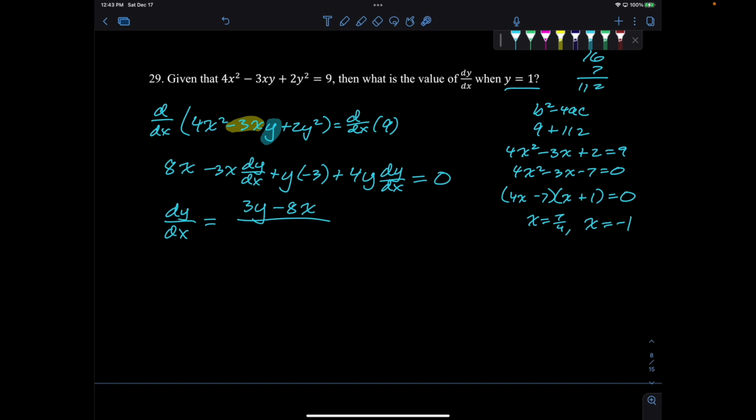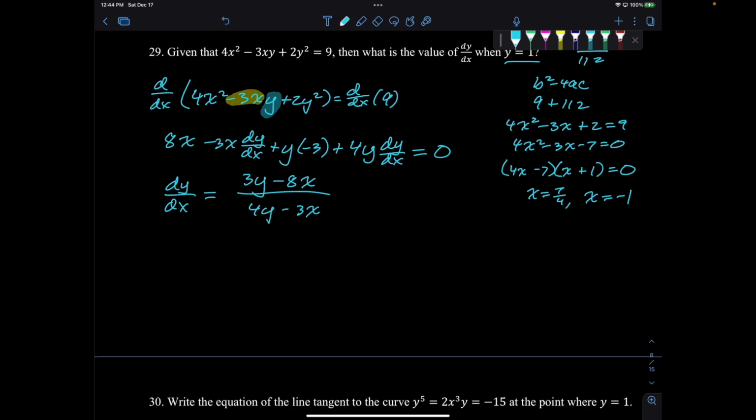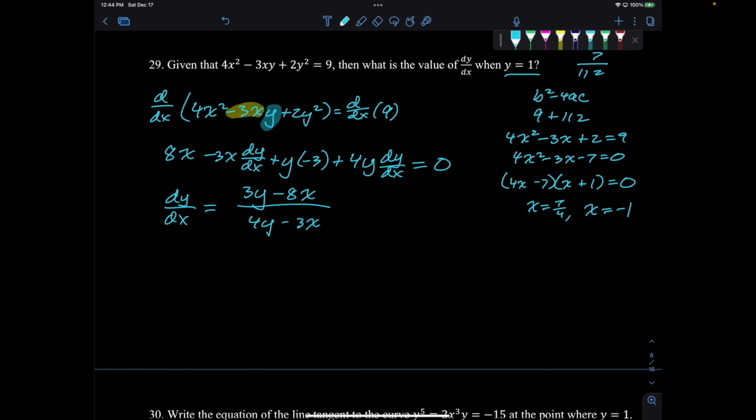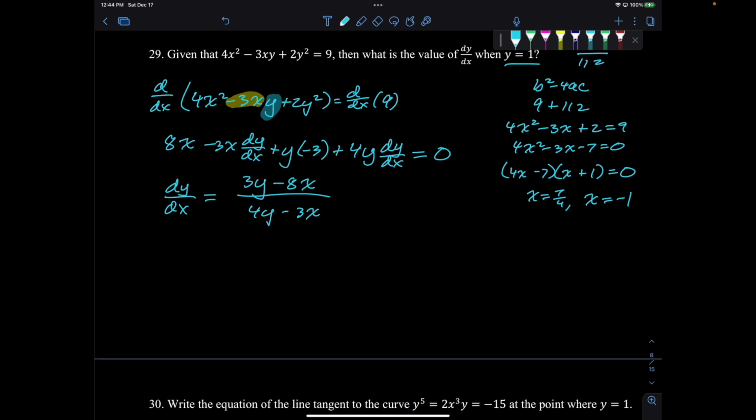Now, the coefficient of dy/dx is 4y minus 3x. So 4y minus 3x. All right. There's no way around this, I guess. I'm going to have to plug in negative. I feel like it was supposed to be -1, 1, but I don't know.